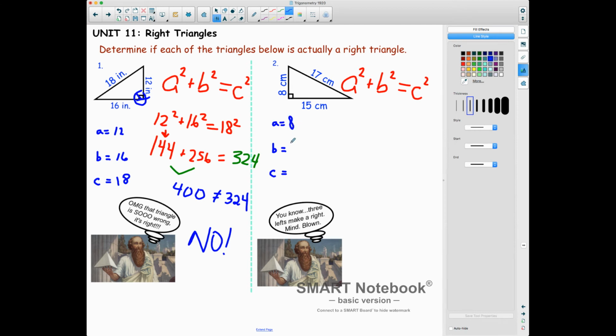8, 15, 17. So you plug it in. It would be 8 squared plus 15 squared equals 17 squared. I wonder if it's going to work this time. 8 squared.